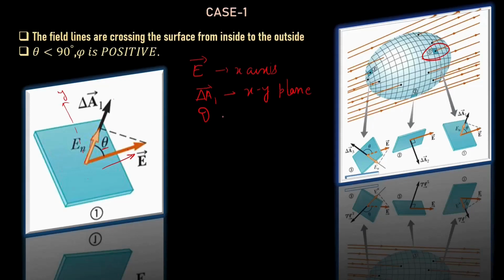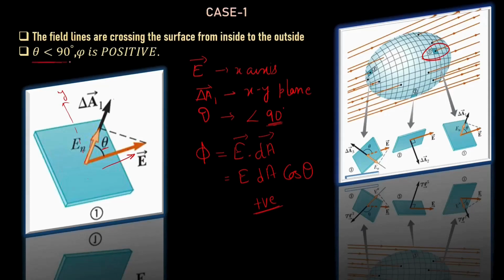This time theta will be less than 90 degrees. If we go to the formula for electric flux, for an open surface it is E dot dA, where they are vectors, and on opening the dot product we get E dA cos theta. The value of cos theta for angles less than 90 degrees is always positive, so the flux will be a positive quantity.